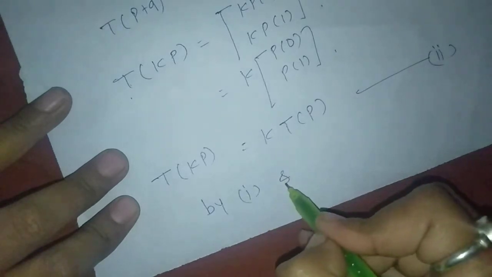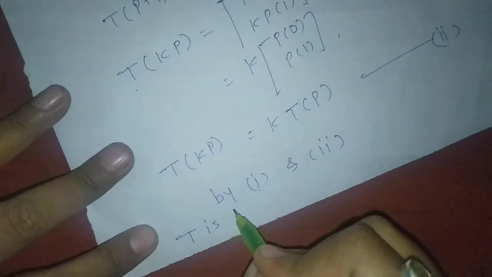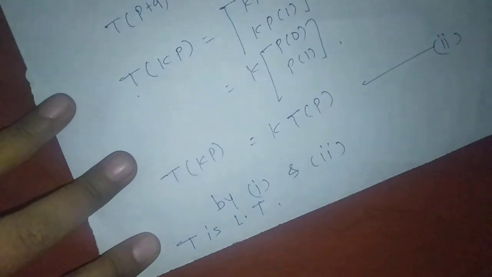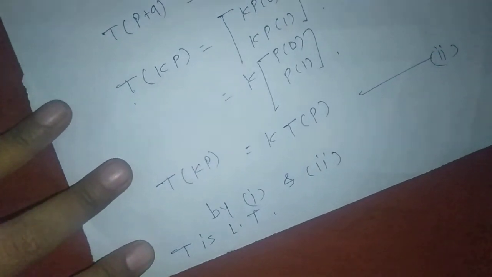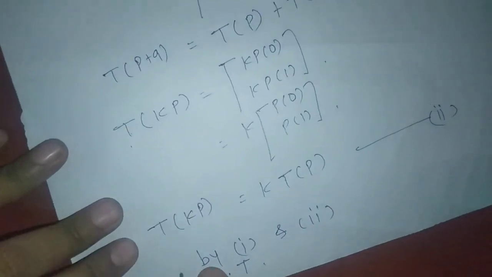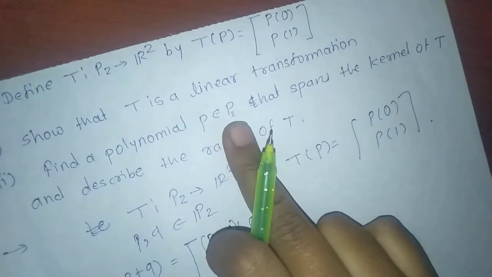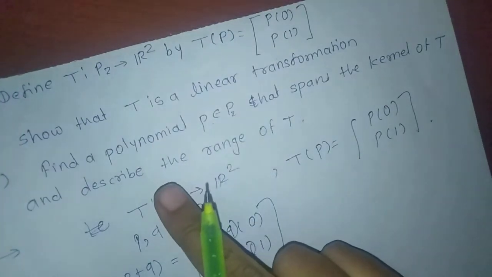By 1 and 2 we get T is a linear transformation, where T maps P2 to R3. Sorry, R2, not R3. Now next, find a polynomial P belonging to P2 that spans the kernel of T and describe the range of T.